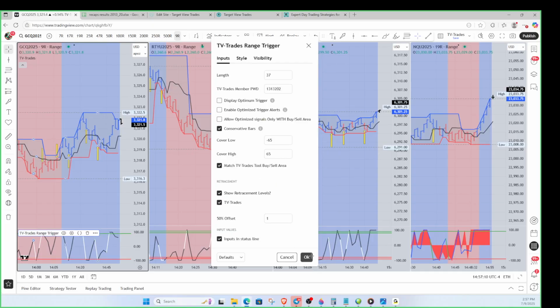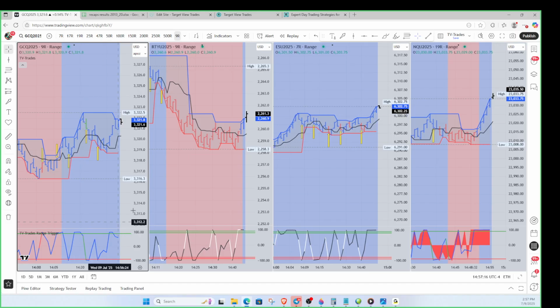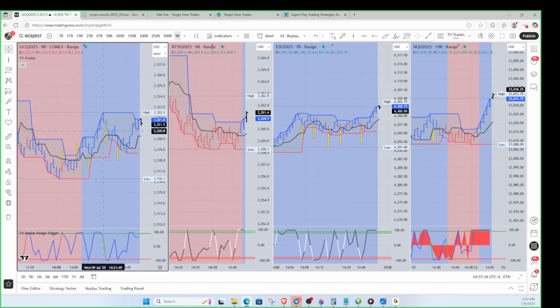And we'll just use, that's recalculating it. Okay, we're just going to use the basic trigger down here, okay? When you have a blue background like this, you want to trade long. You want to be buying when you have a blue background. You want to be selling when you have a red background, buying when you have a blue background, alright? We'll start out with that knowledge, okay?